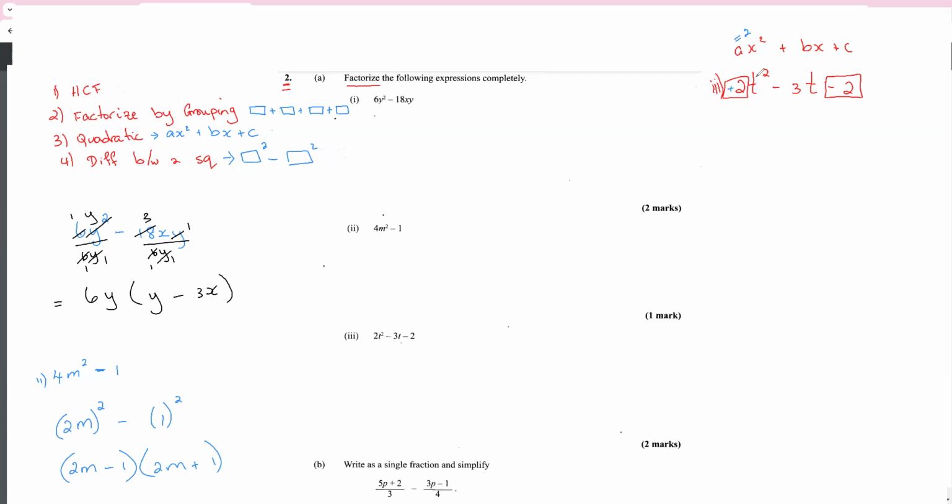Remember, your sign is also very important. B is the number in front of x, or in this case t, which is negative 3. And c is the number that is not attached to the letter, so in this case, it is negative 2. So remember your steps. It takes some practice, but once you continuously practice it, it sticks after a while.